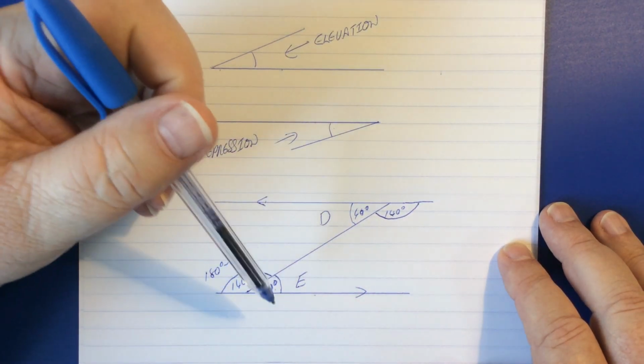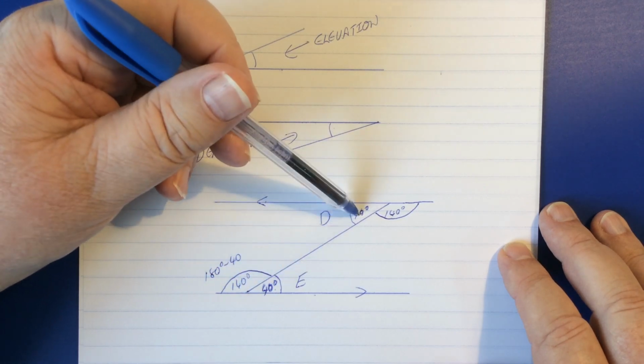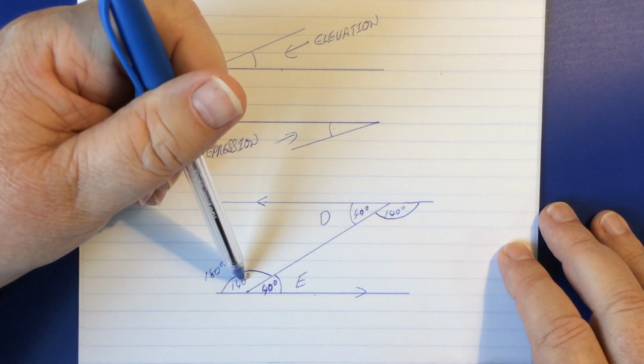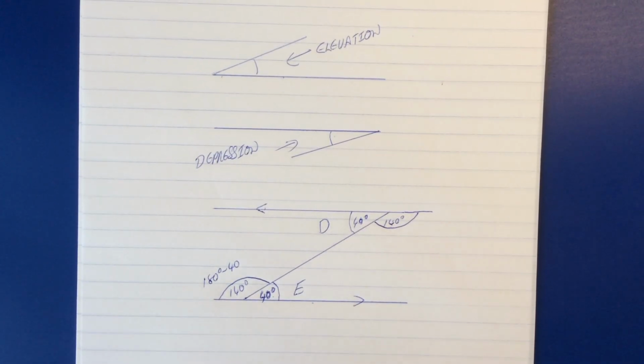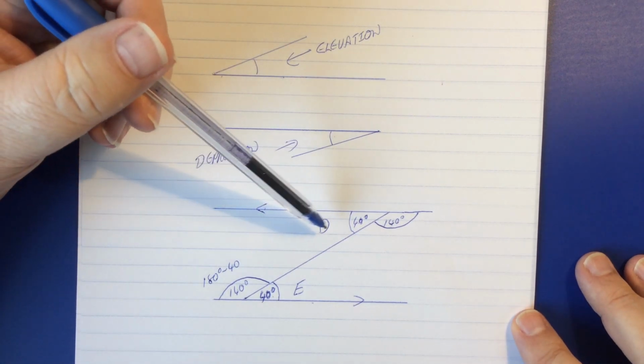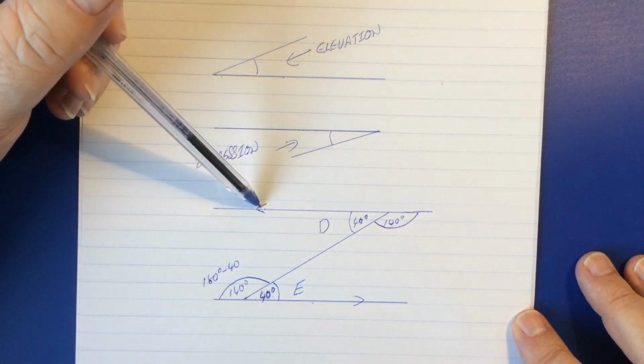And what I want you to notice is, because these two angles are the same, these two angles are the same. And there's a whole lesson available on my channel about this, so we're not going to get into the technicalities of it. It's just a handy thing to know, provided these lines are parallel.